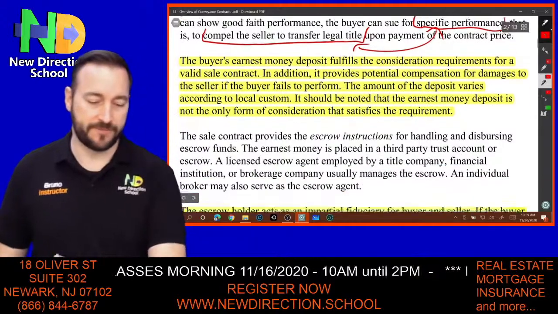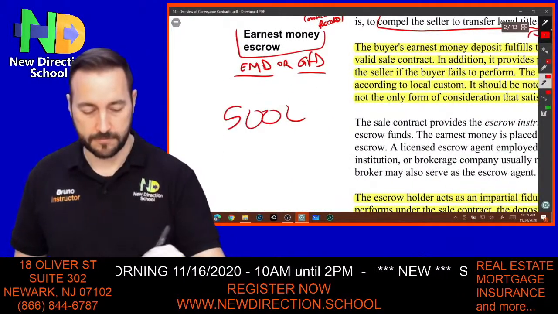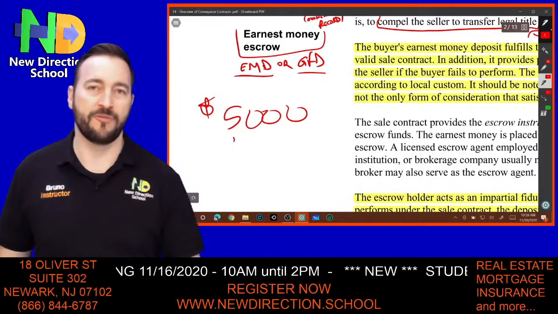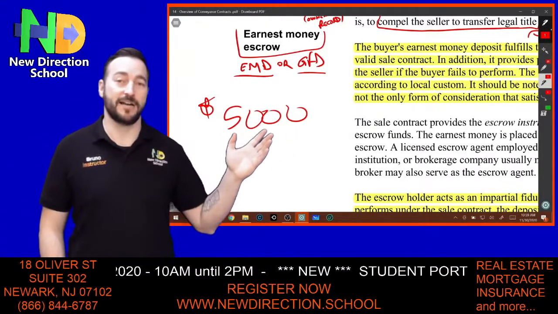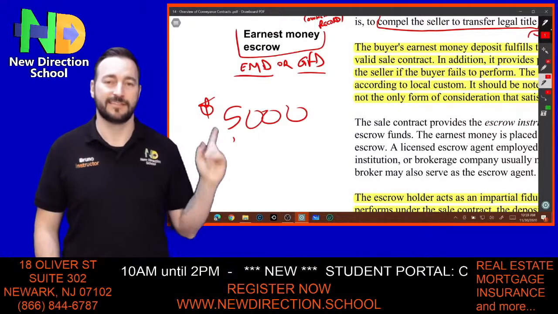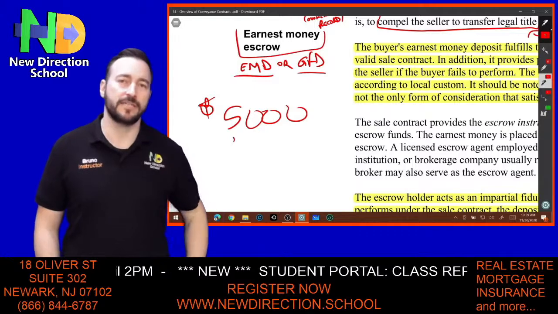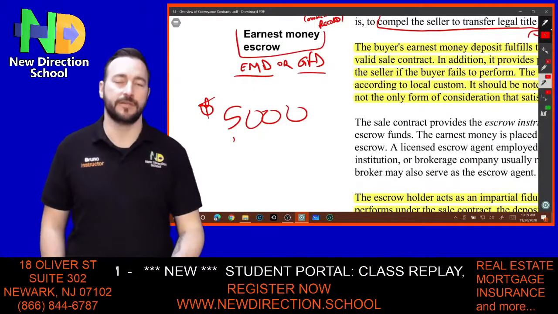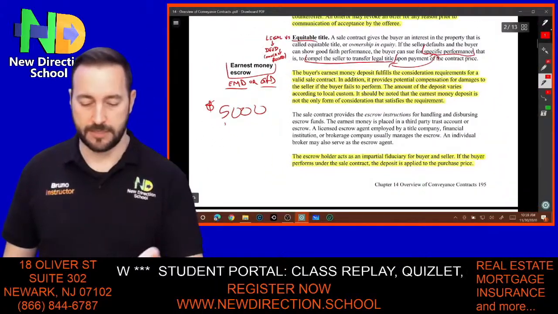So if I put $5,000 as a good faith deposit and the buyer backs out, the seller can say, okay, well, I'm keeping your money then. I'm not returning any of the money. See, the seller has two options.